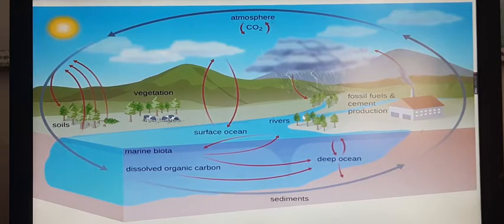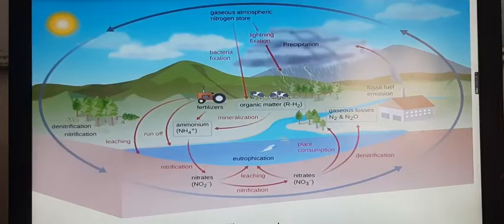When vegetation or living organisms decompose, or fossil fuel is used in industry and burnt, all this carbon dioxide is returned back to the environment. So this is how the carbon cycle goes on.